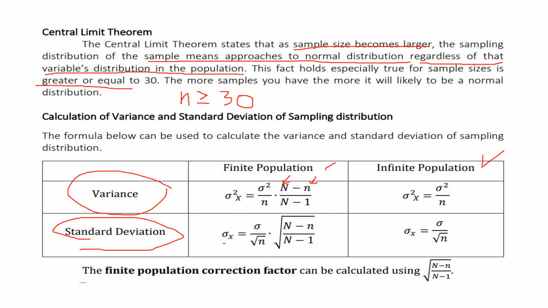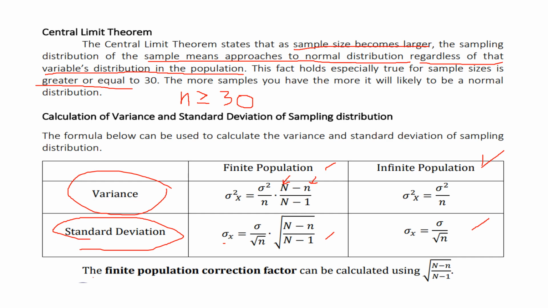That will be for finite population dealing with your standard deviation, and for your infinite population, your sigma x is equal to your standard deviation from your population over the square root of your sample size n.